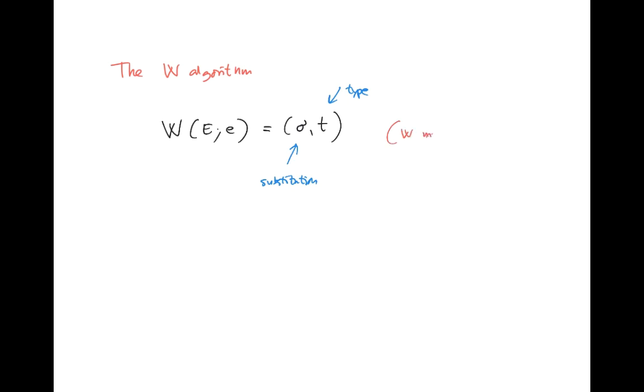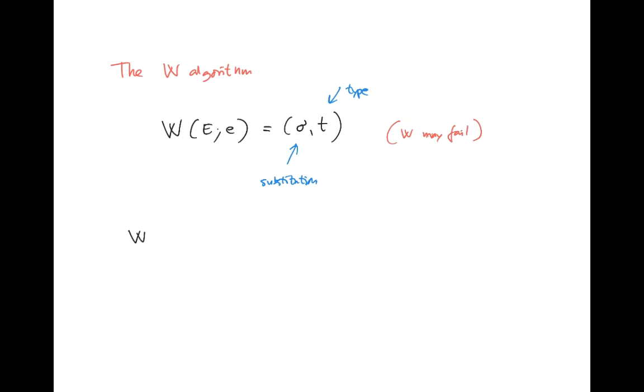If we present the algorithm with an expression that cannot be well typed, the algorithm will fail. So this is not quite what we said earlier, that we only return a type, we also return a substitution.